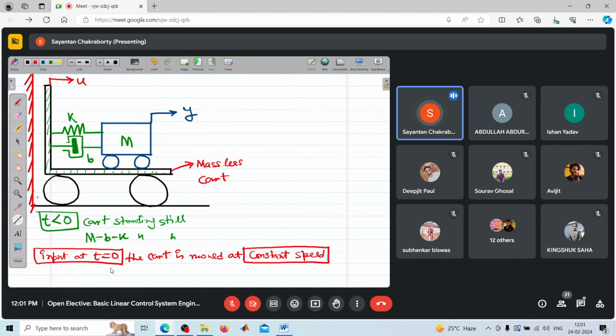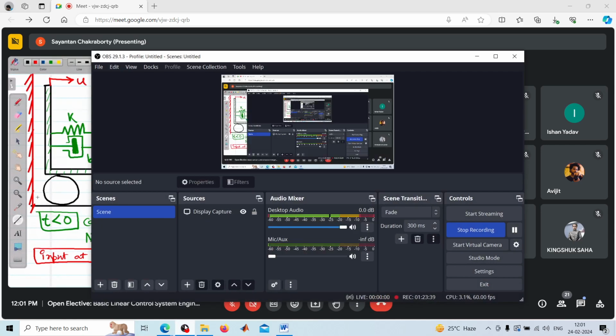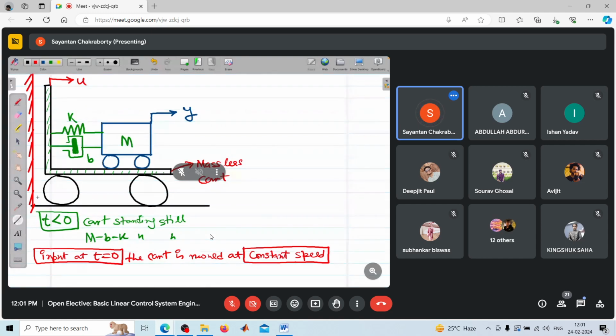So both the displacements are measured with respect to the fixed frame of reference. And we further assume that the friction force of the dashpot is proportional to the relative velocity across its two terminals, and the spring is a linear spring. So the assumption of a linear spring is there.